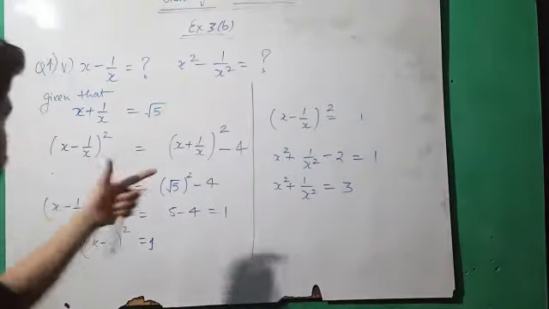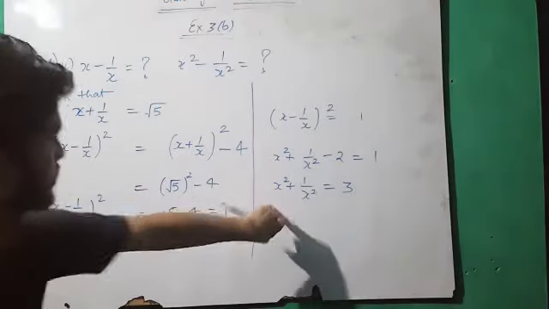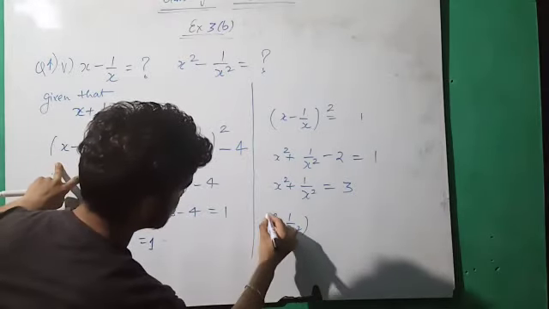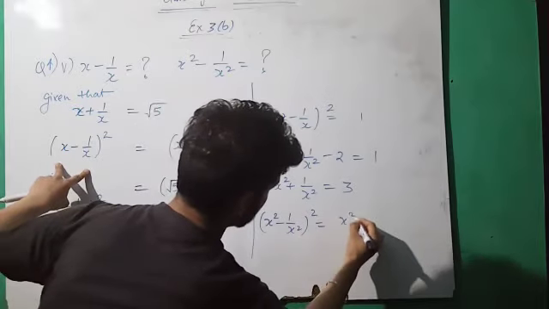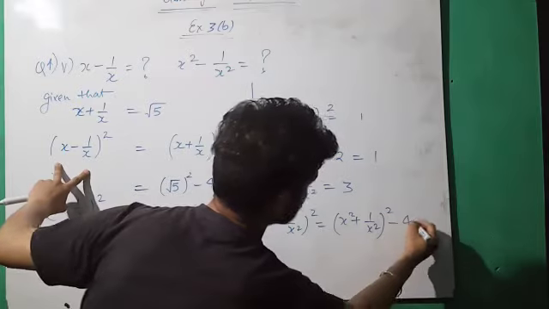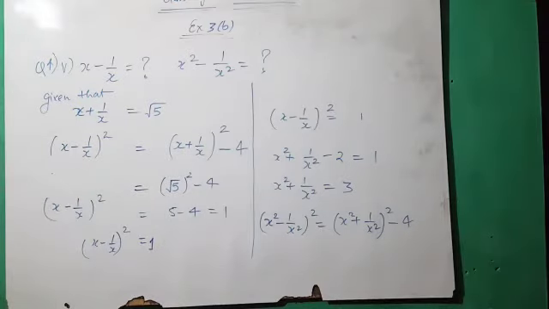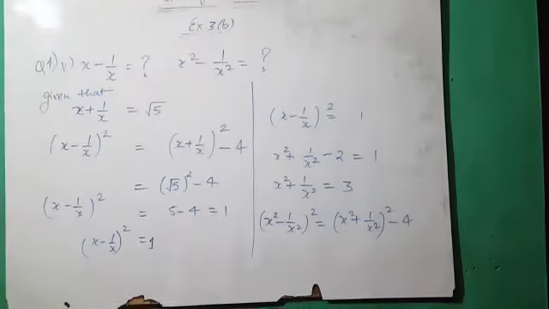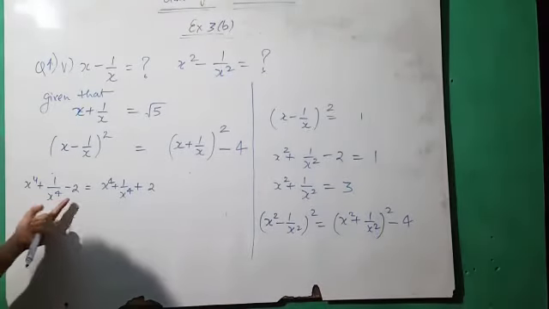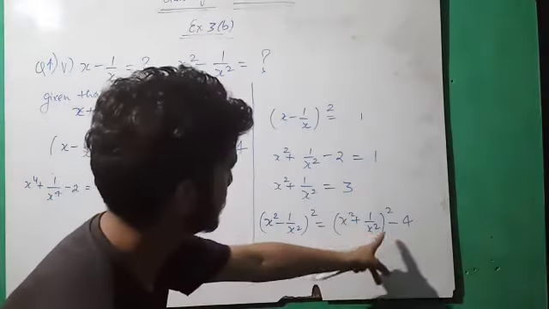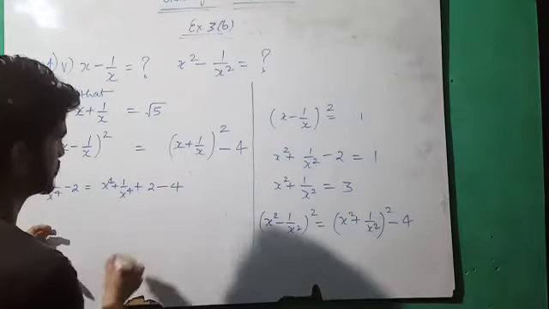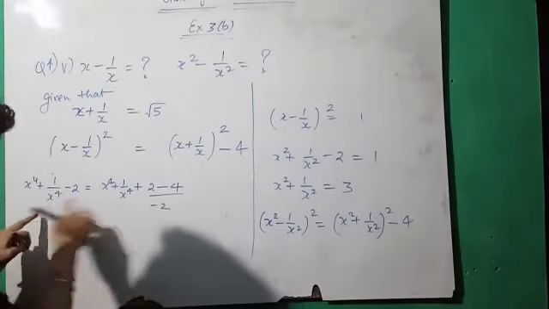out this. Again we apply this formula here: x square minus 1 by x square equal to (x square plus 1 by x square) whole square minus 4. Similarly, for the square of this, a square plus b square minus 2ab and a square plus b square plus 2ab, so again we have to subtract here minus 4, so that it becomes minus 2, and equal to this.